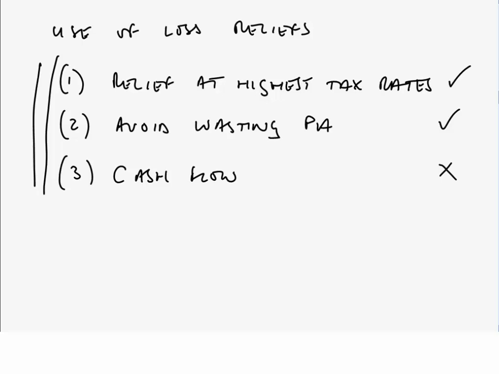You'd have avoided wasting any personal allowance in the preceding year. The only downside is you didn't get the cash flow. But if I can get a much higher tax saving next year than I would get as a repayment from last year, then as long as my cash flow position allows it, it would be better to carry forward. Give that some thought, then pause and come back to us, and we'll continue with the next part of our loss relief study.